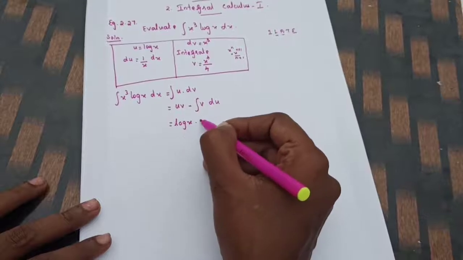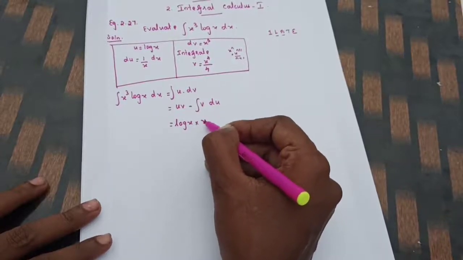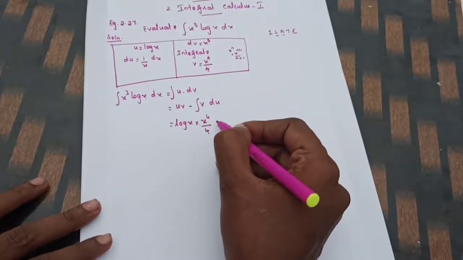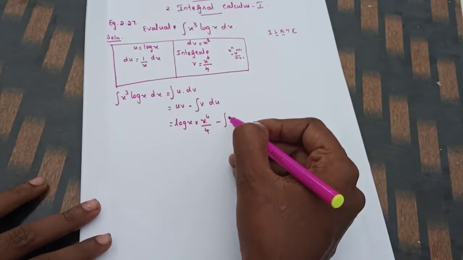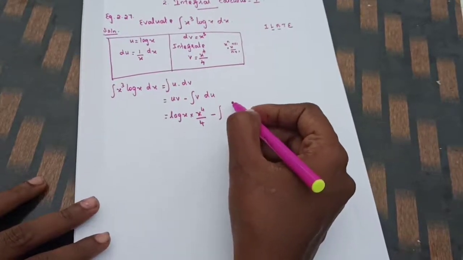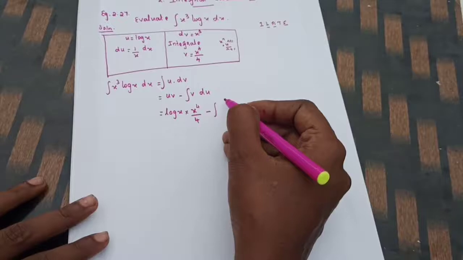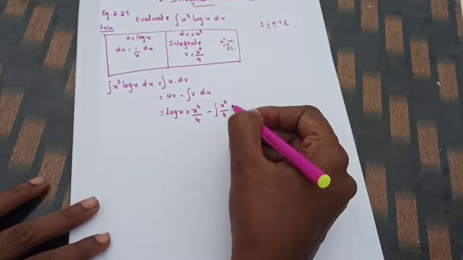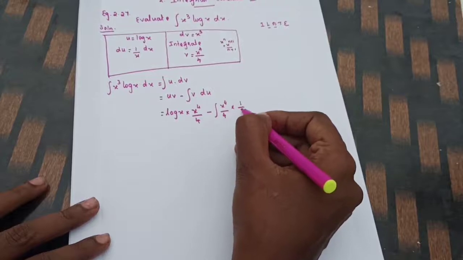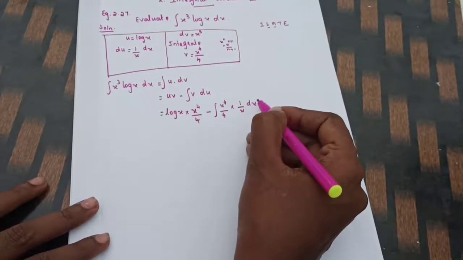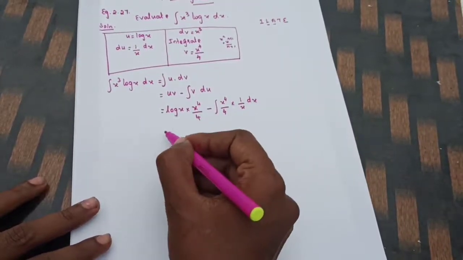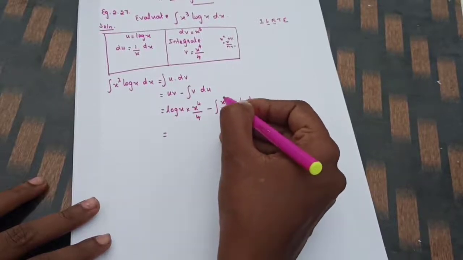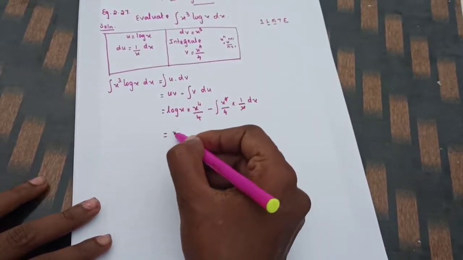Then what's the v value? Into x power 4 divided by 4, minus integral of v, which is x power 4 divided by 4, into du, which is 1 by x. Okay. That is equal to, we can cancel this and this one. Correct?